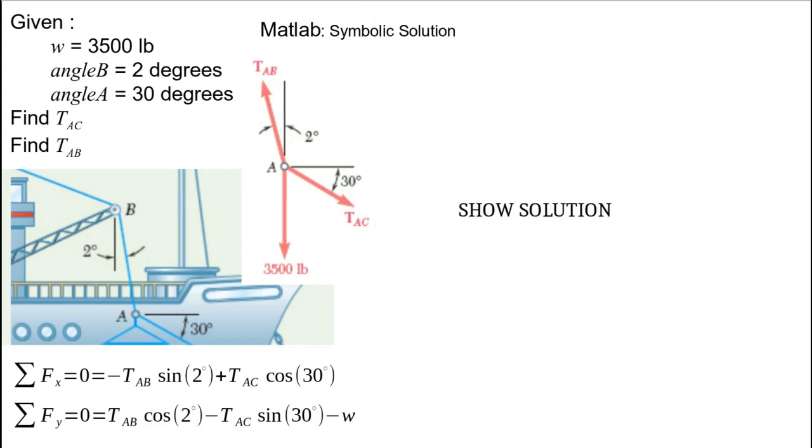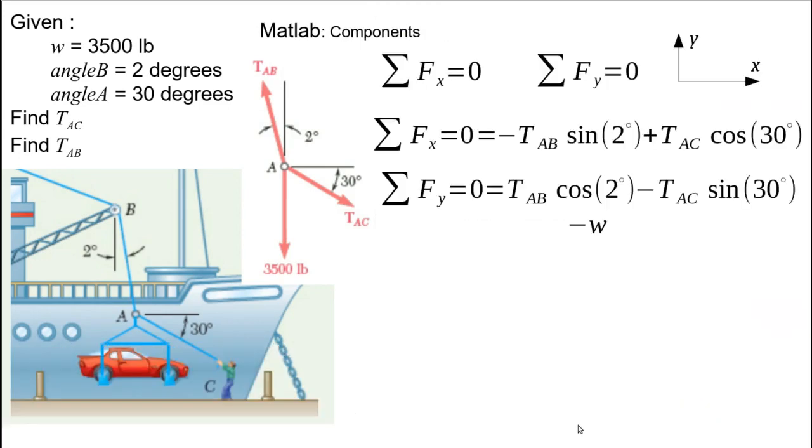So let's go on to another method. We still got our 2 equations and 2 unknowns here, but to do it for linear algebra, which is what Matlab was originally written for, you want to rewrite this equation in standard form.